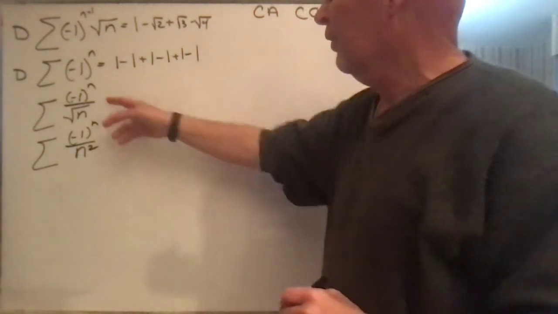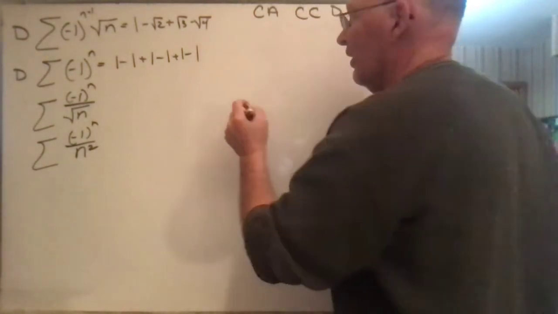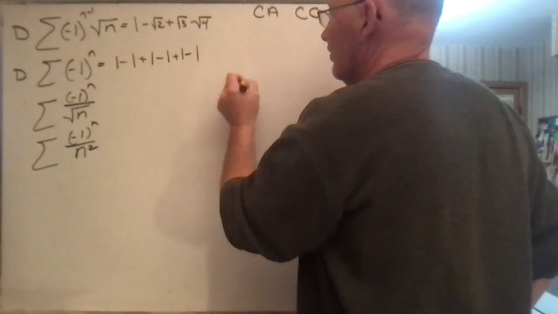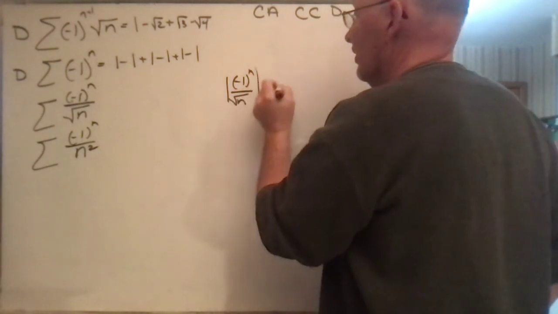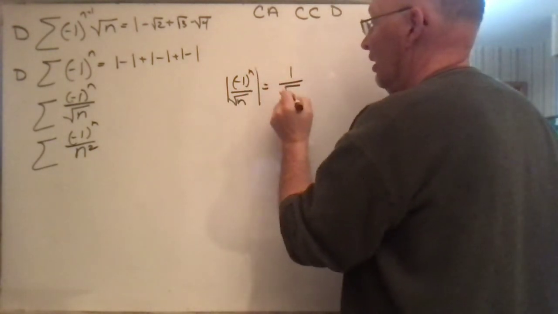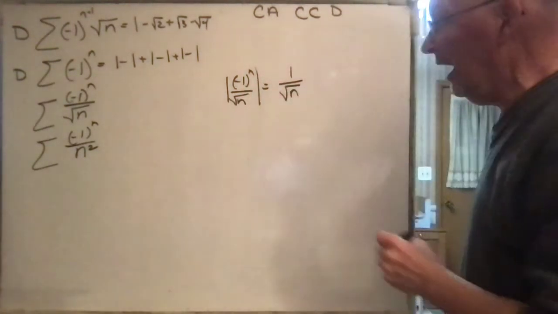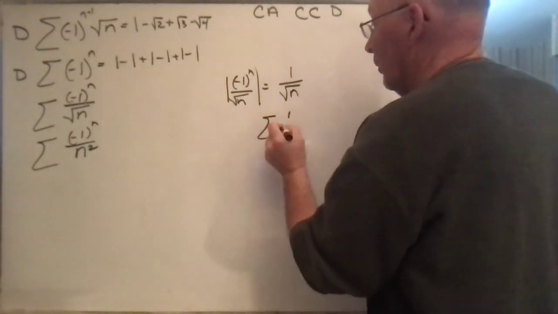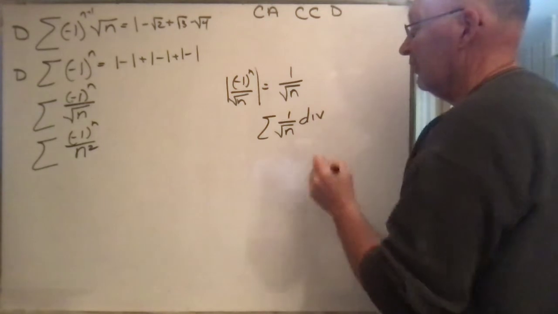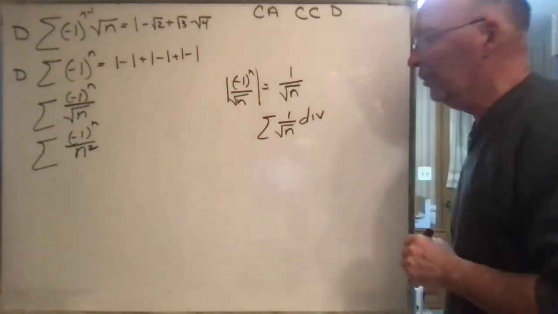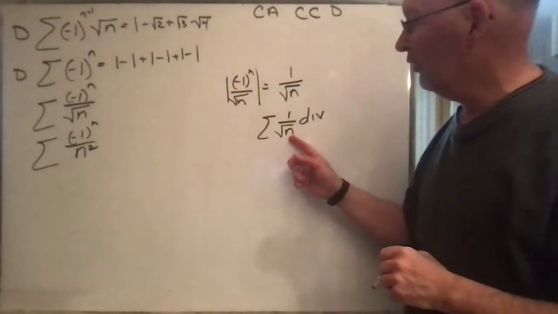Okay, what about this one? The first thing to notice is that if you make all those terms positive, if you take the absolute value of all of them, it looks like this. And we know from what we've done already that this thing diverges, because these terms do not go to 0 fast enough.